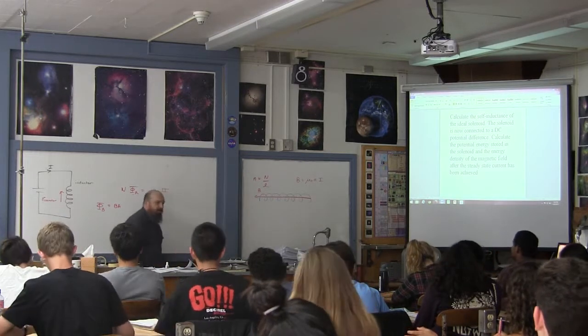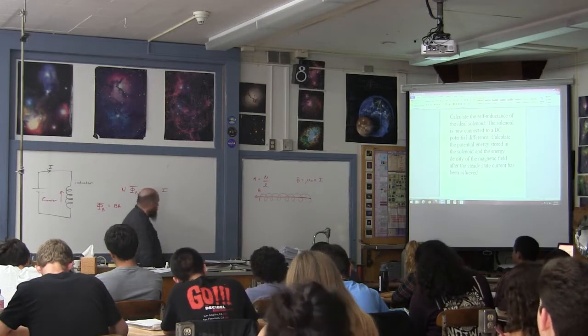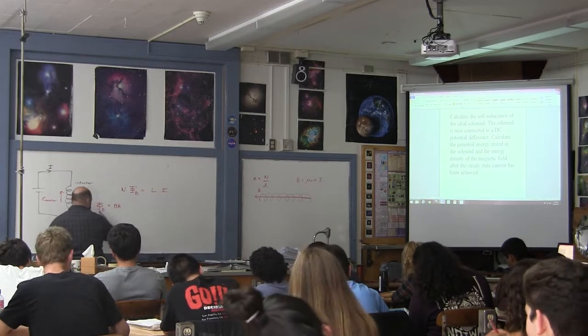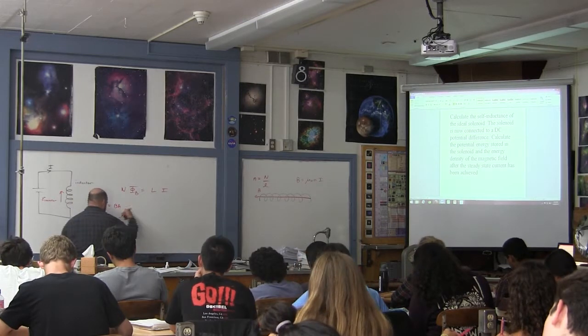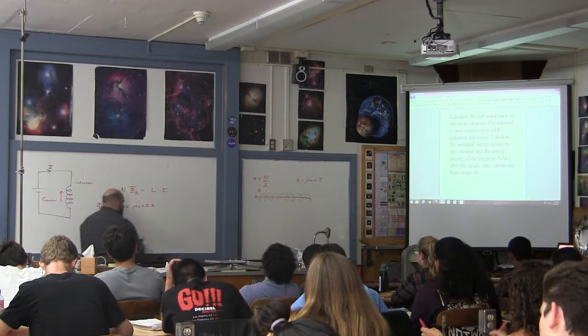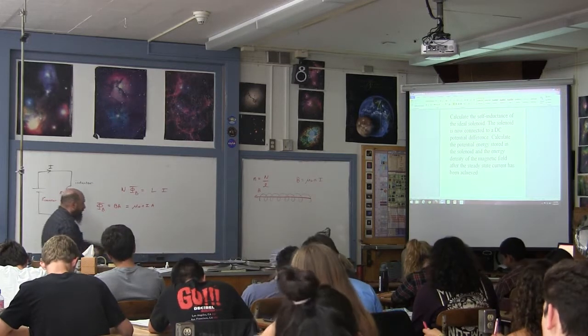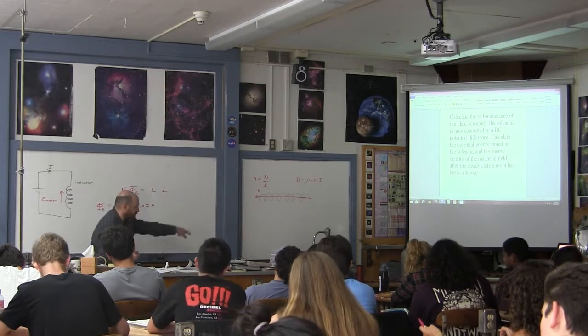B was mu naught n I. So therefore the flux is mu naught n I times A. And we will write little n here, however, as the number of turns per length.